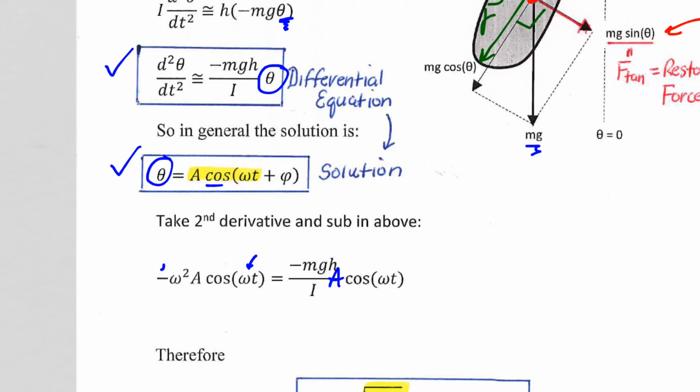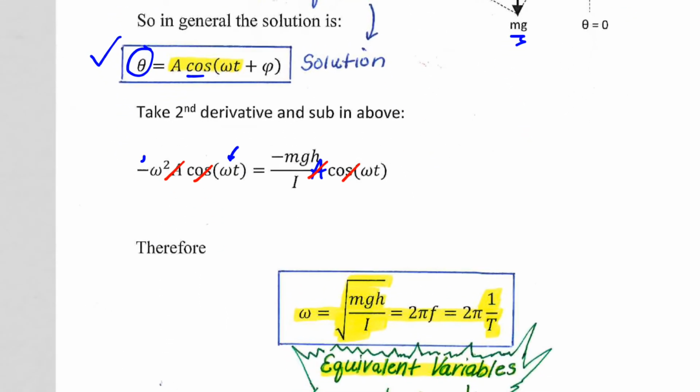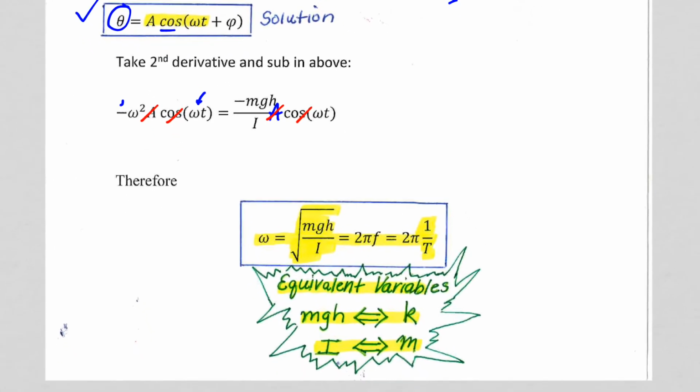Get a lot of nice cancellation. We lose the A, we lose the A, we lose the cosine omega t, and we have our expression for omega. So omega equals the square root of mgh over I.